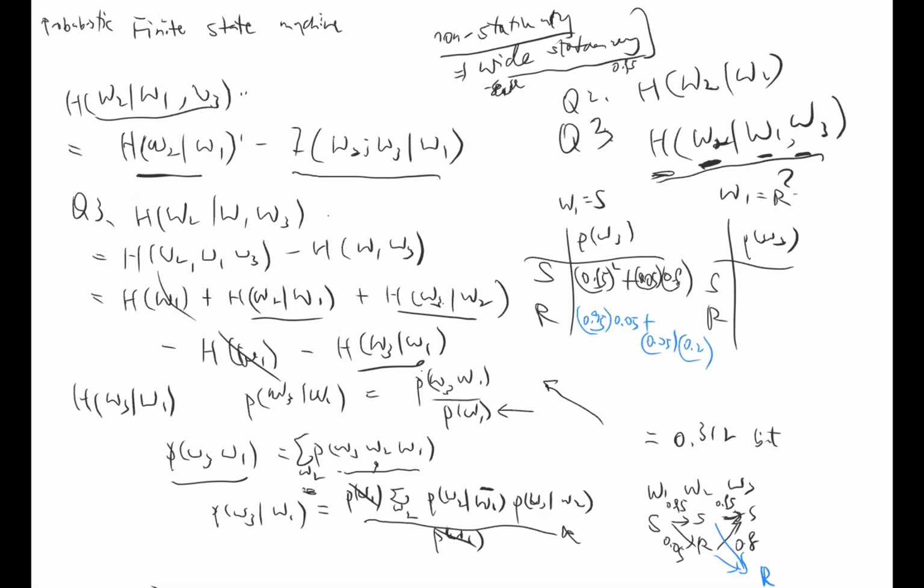Let's see what the numbers are. This is 0.95 squared plus 0.05 times 0.8.